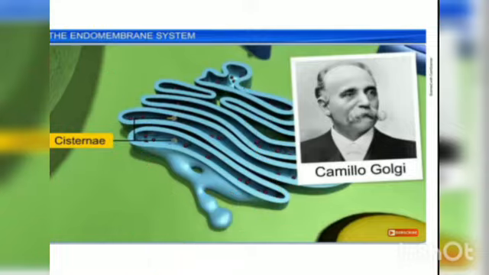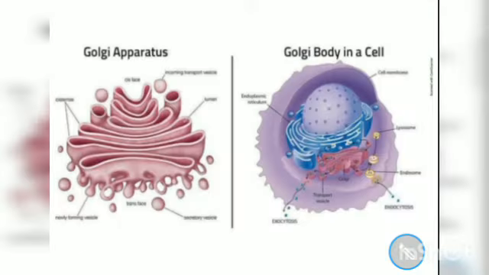And we have to learn about the structure of the Golgi apparatus. Look at here, you can see the structure of the Golgi apparatus, and the location of the Golgi apparatus in the cell.